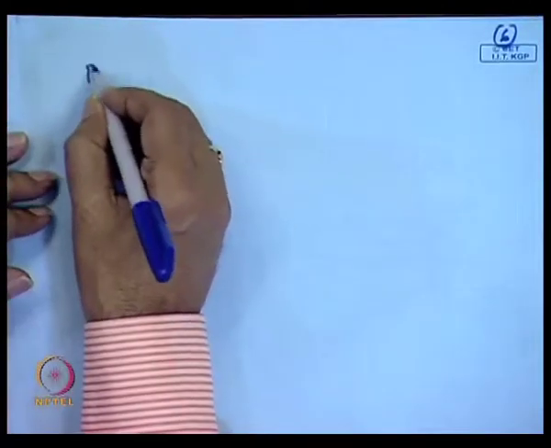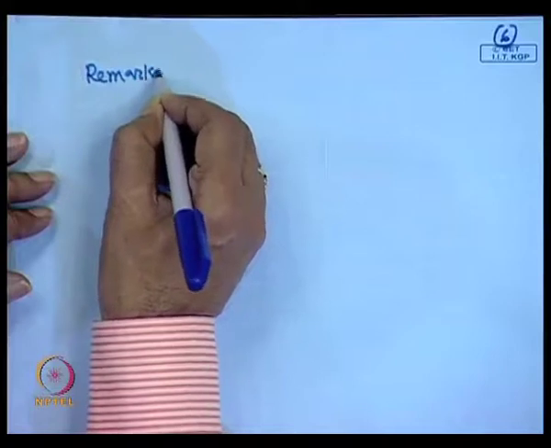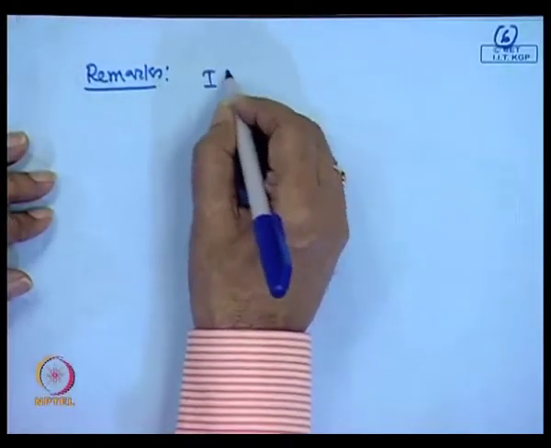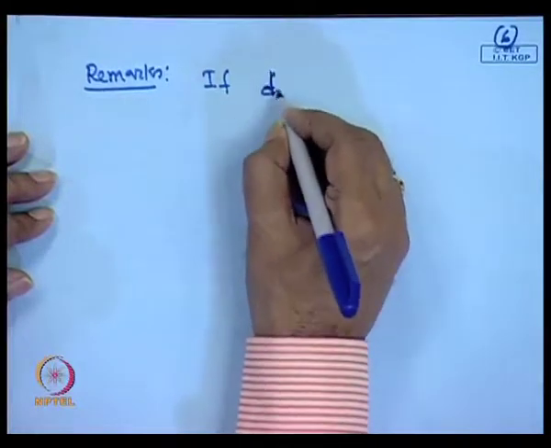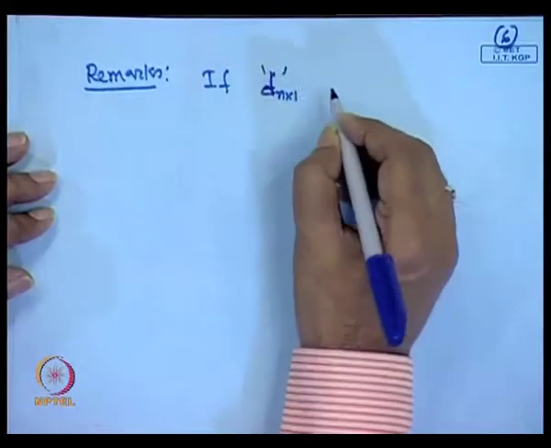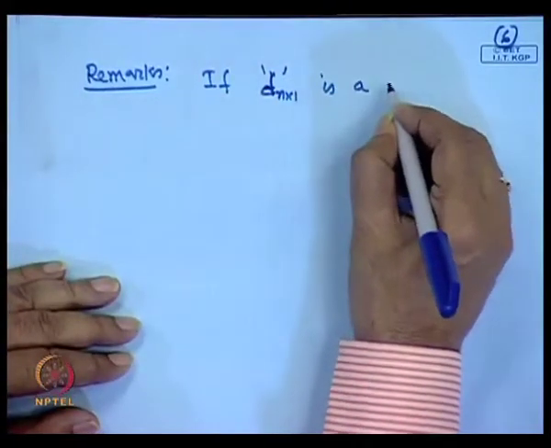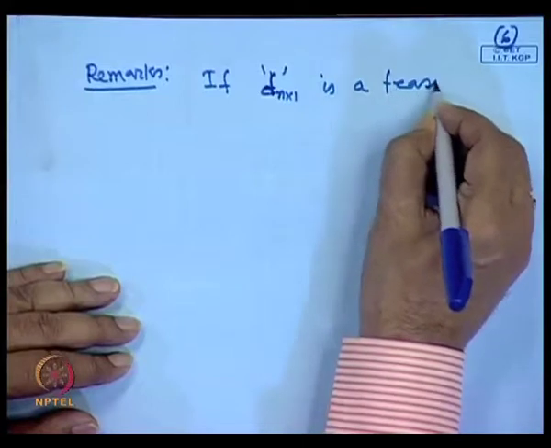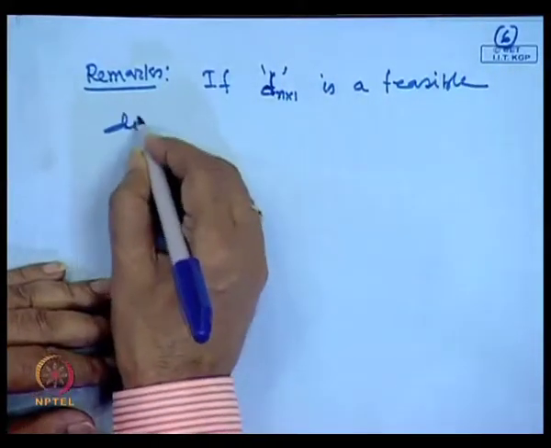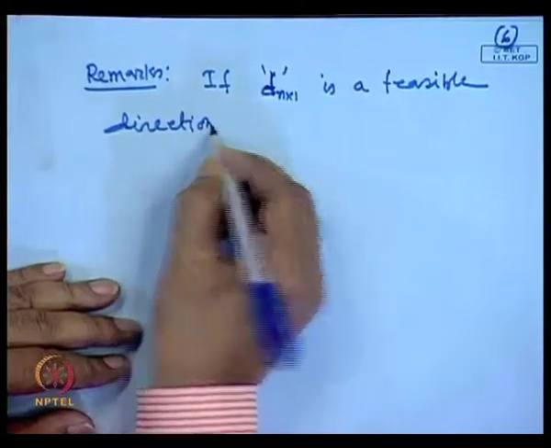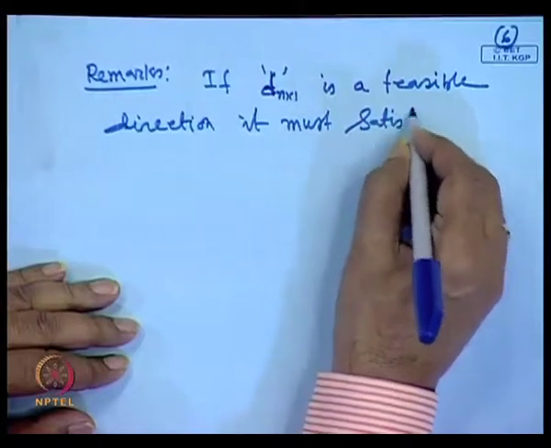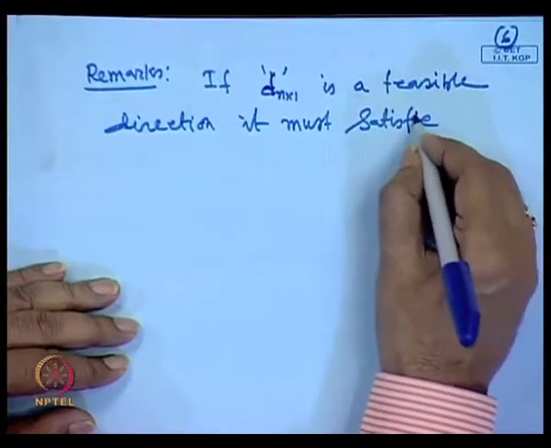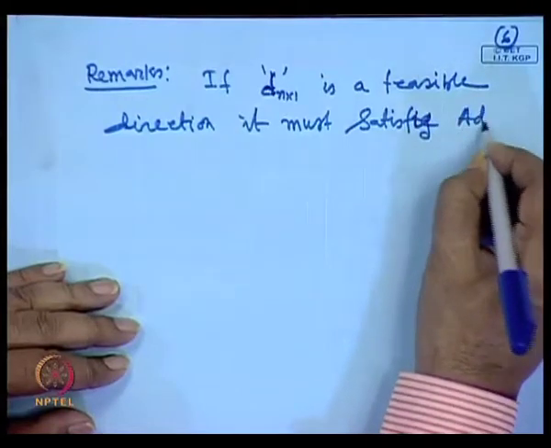So, the remarks. If d is a feasible descent direction, it must satisfy A d is equal to 0.